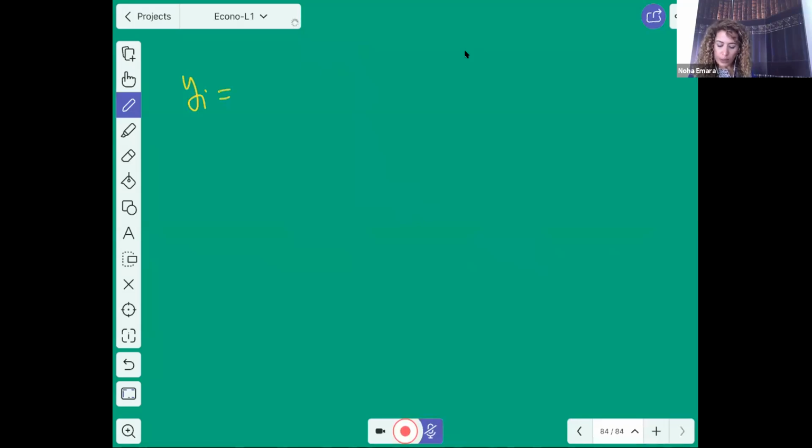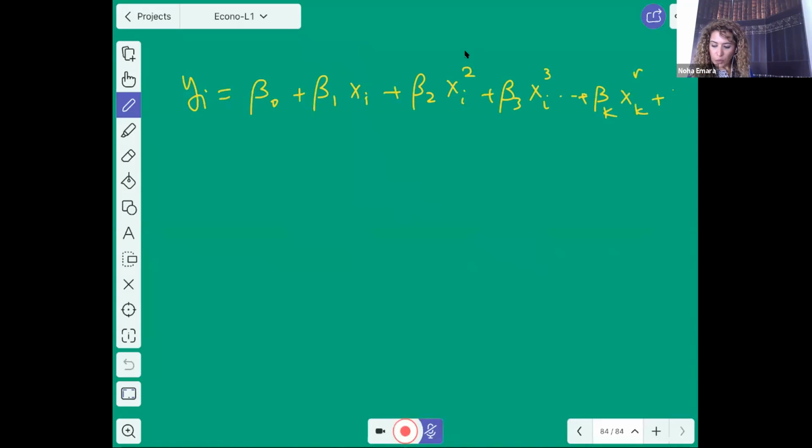So it's like this: beta naught plus beta 1 x, or it's actually the same x, xi, plus beta 2 xi squared plus beta 3 xi cubed, and keep going, plus beta k xi to the power r, plus ui.